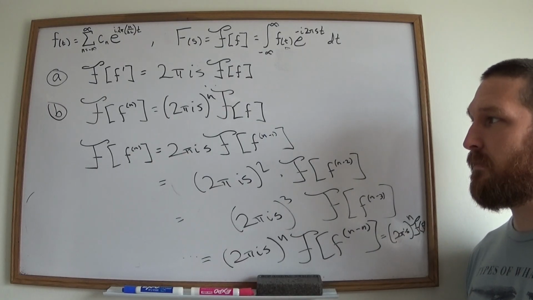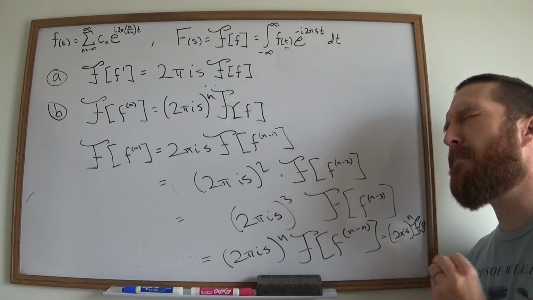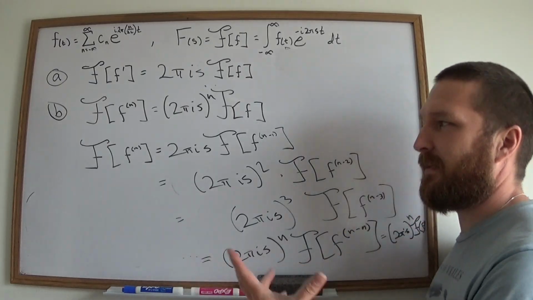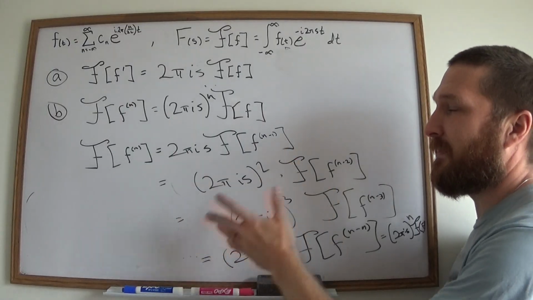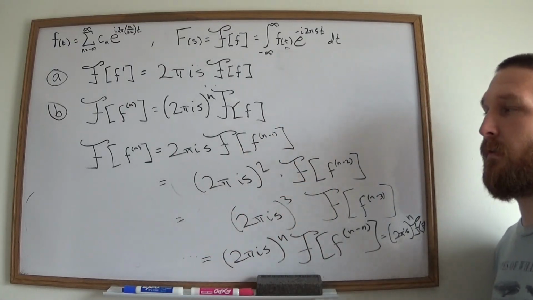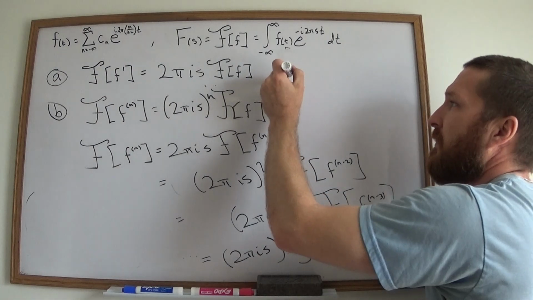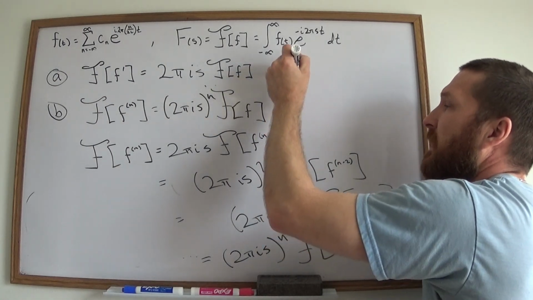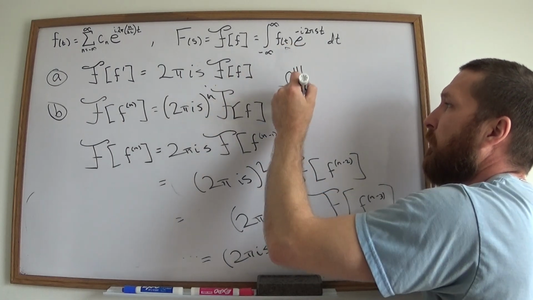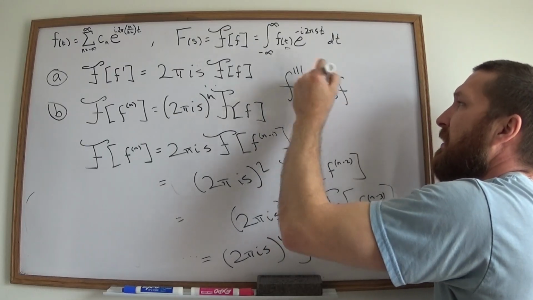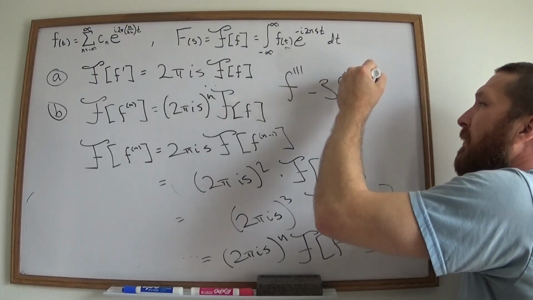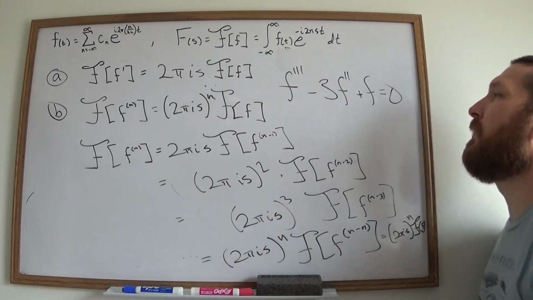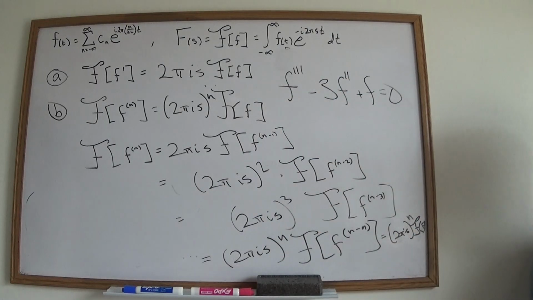In part C, I said, just imagine how this could help you with differential equations. Indeed, you could imagine if you had some differential equation, f triple prime minus 3f double prime plus, I don't know, f equals 0, you could Fourier transform these.